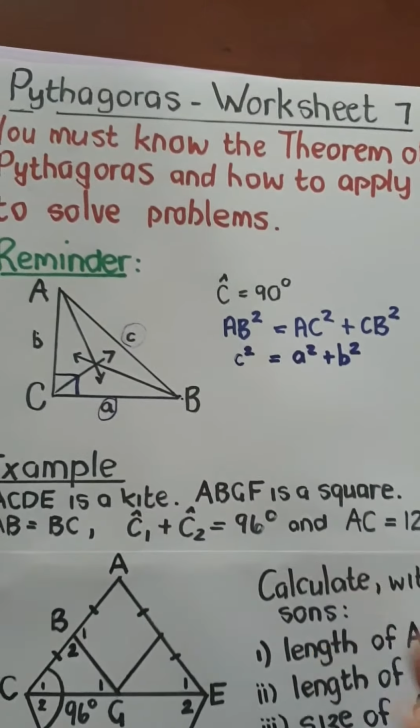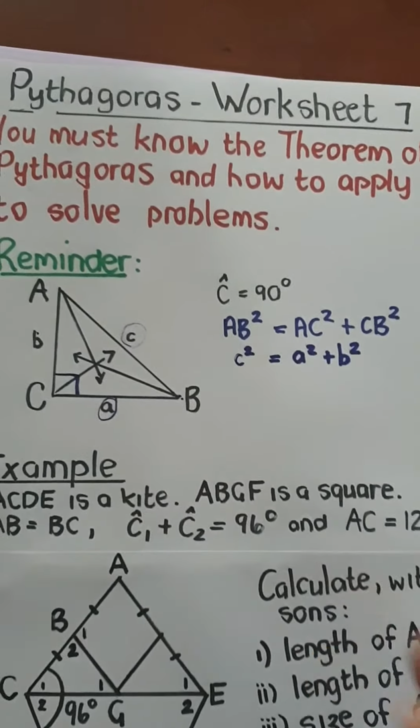When they say a kite, you must know the properties of a kite. The first thing that you know about a kite is that adjacent sides are equal. So CD is adjacent to DE. So this side will be equal to that side, and you also know that this side is equal in length to that side, so they are equal.